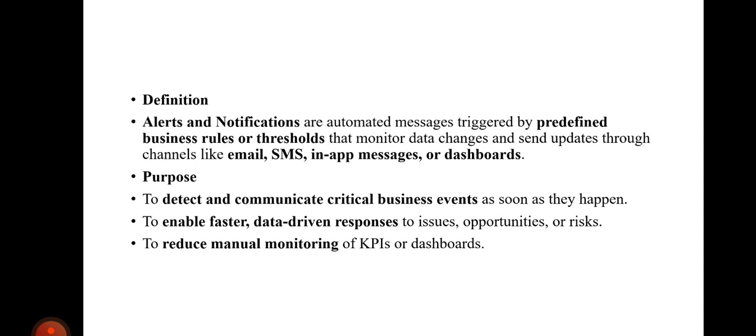Alerts and notifications are automated messages triggered by predefined business rules or thresholds that monitor data changes and send updates to channels like email, SMS, in-app messages, or dashboards. The purpose of this is to detect and communicate critical business events, to enable faster data-driven responses to issues, and to reduce manual monitoring of KPIs.